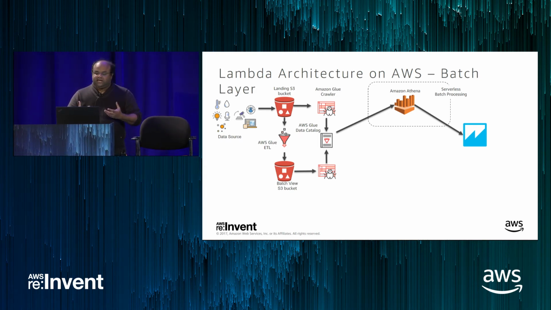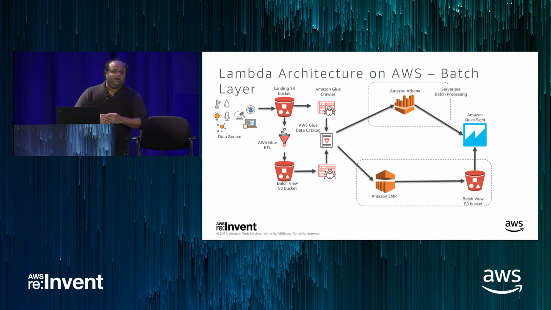And with the Glue data catalog, now you can query the data using Amazon Athena, which is an interactive query service. The language that you need is SQL. And then from QuickSight, you can connect to Athena and visualize the data that is sitting in S3.